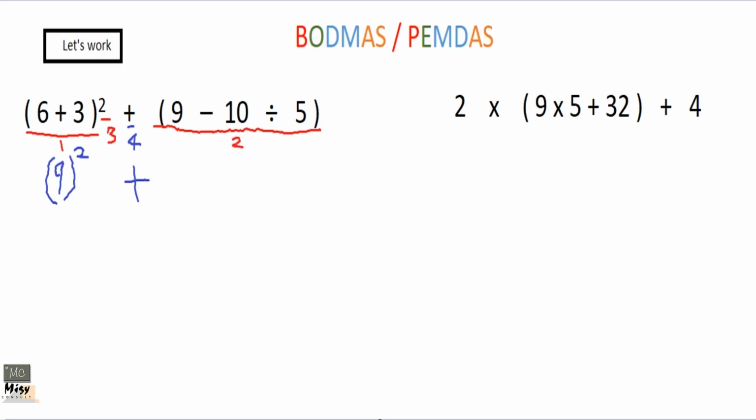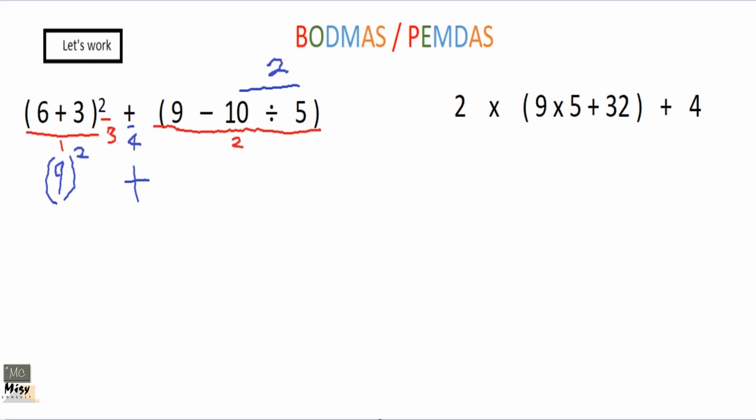But you see here, we have how many symbols inside there, or operations? Minus and division. We'll do division or multiplication before minus. So we'll be doing this one first. So 10 divided by 5, we get what? 2 here.